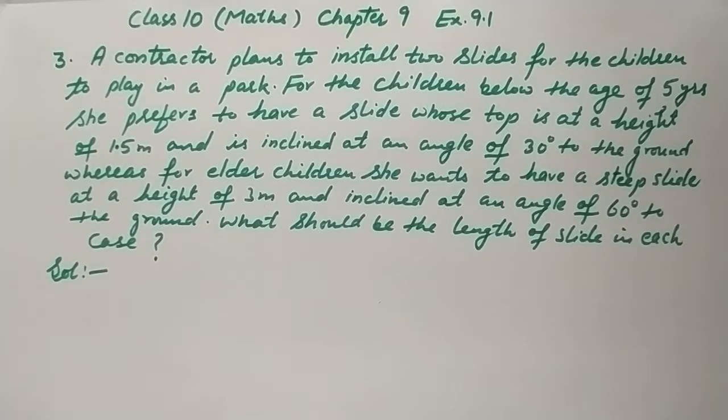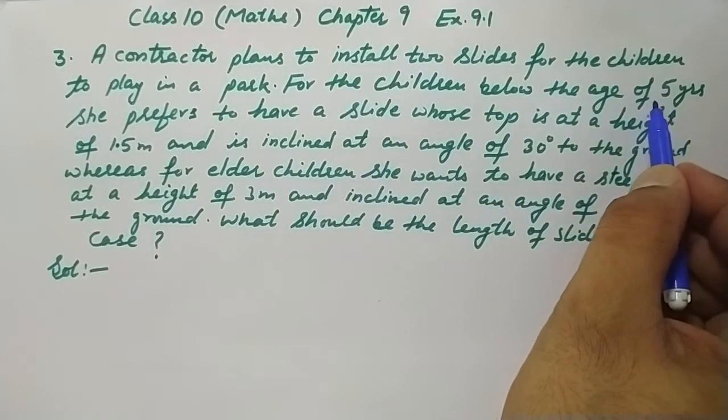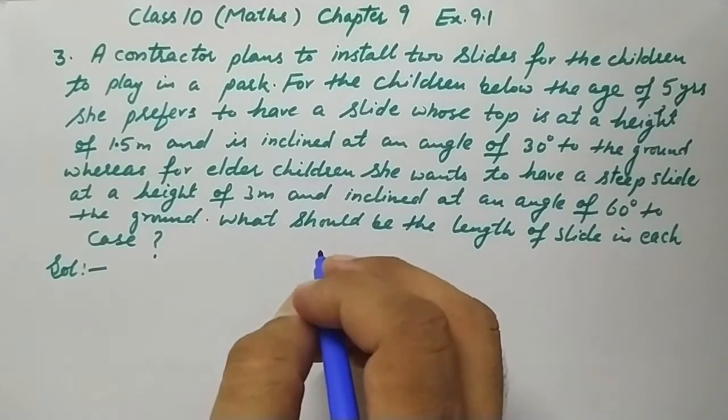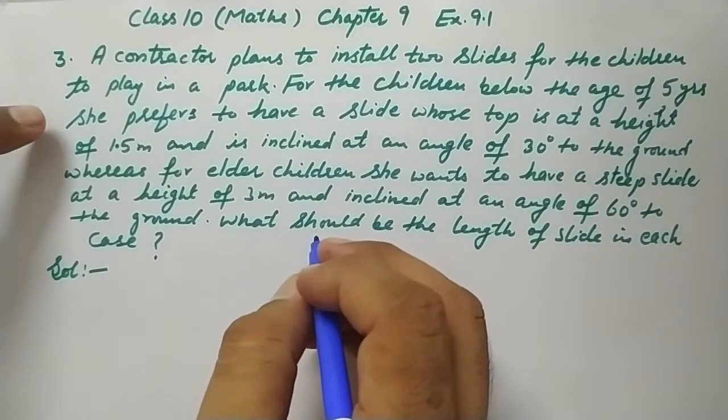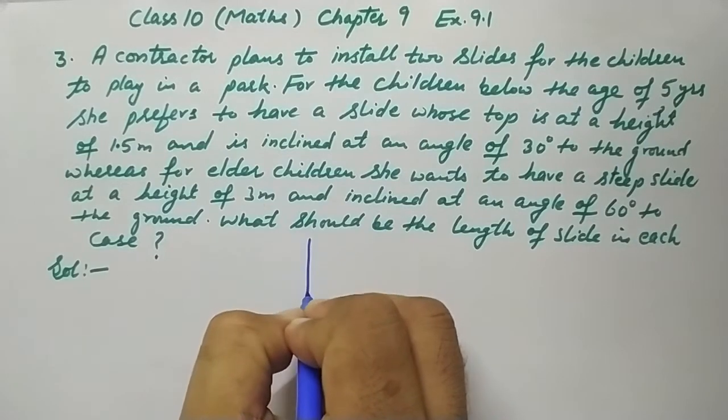So in this question there are 2 slides given. One slide is given for junior students, and the other slide is given for elder students, elder children, sorry. So for the students who are below the age of 5 years, she has planned for a slide which is at a height of 1.5 meters.